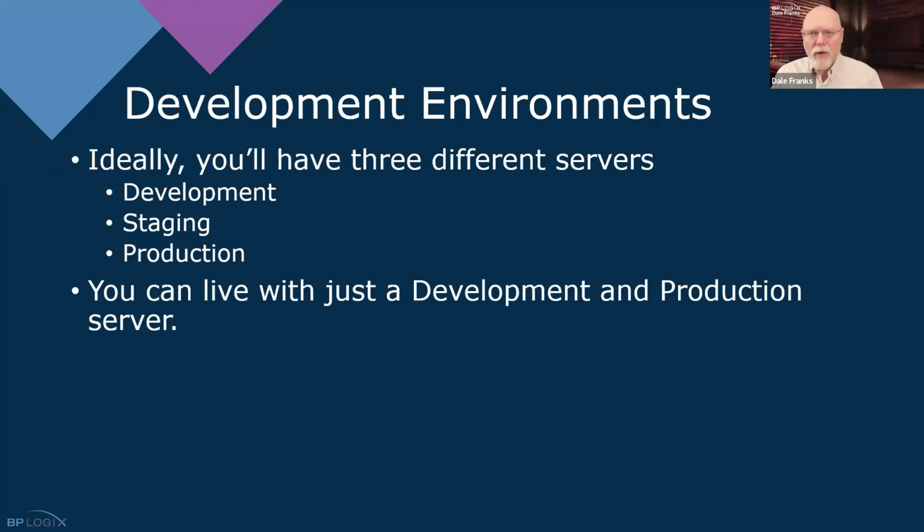And there's a reason why we have the 3 servers. The development server is a relatively open server. It doesn't have very many permissions on it. It really only exists to do development on. The only people who really touch it are your developers. There's some downsides to development servers. For example, if you're going to throw some wait tasks into a process, it's going to take a while for those. You're going to have to probably manually prompt those wait tasks because of the way timers work in Process Director.